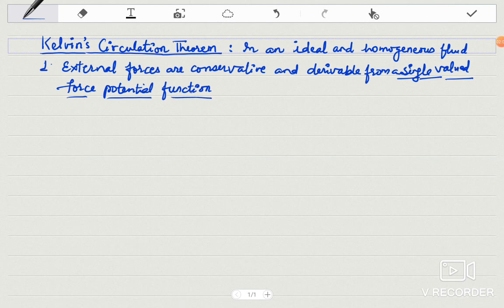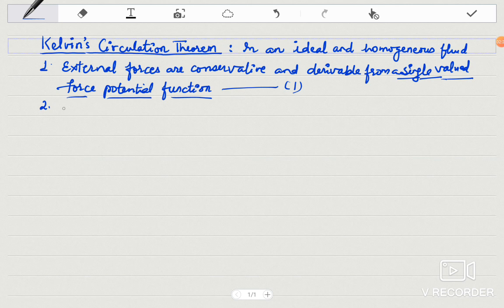That means the potential function regarding the velocity is different from the potential function regarding the force. So in this case, forces are conservative, and therefore there will exist a force potential function which is necessarily single valued. This is important here. We'll use it later, so I'll mention it as condition 1 because I'll use it.